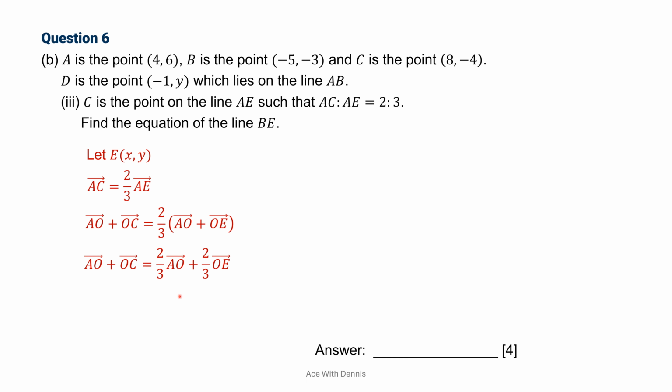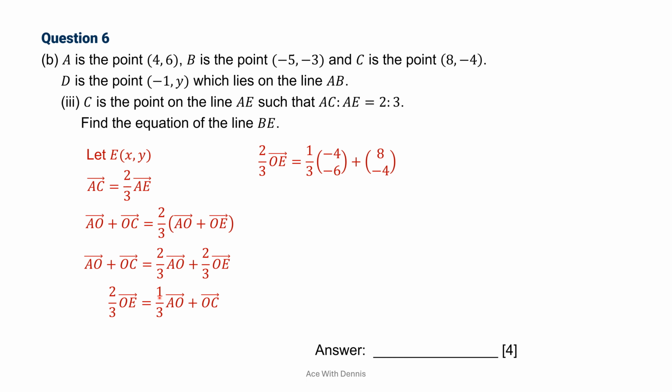Now, we can expand the bracket. Vector AO plus OC equals 2/3 vector AO plus 2/3 vector OE. Then 2/3 vector OE equals 1/3 vector AO plus vector OC, because I move this to the left hand side, AO minus 2/3 vector AO becomes 1/3 vector AO.